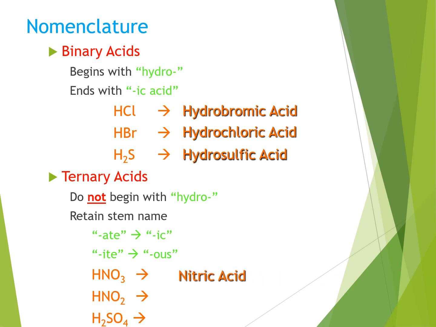So here we have nitric acid, nitrous acid, and the last one, sulfuric acid. So sulfate becomes sulfuric. As we put the syllable back, nitrite becomes nitrous, nitrate becomes nitric.